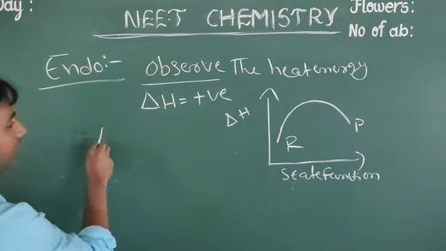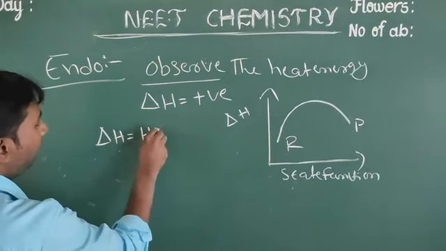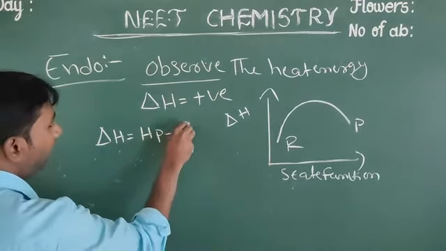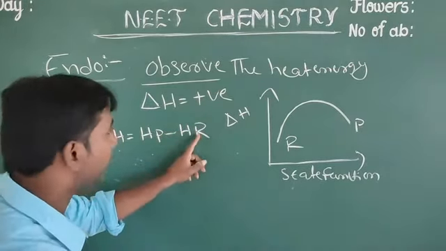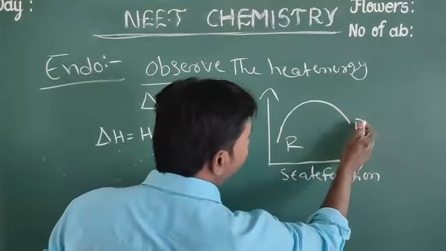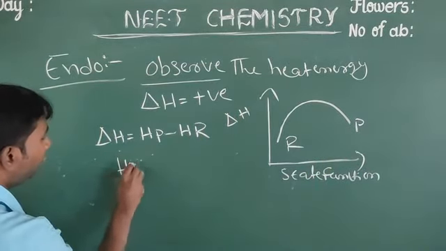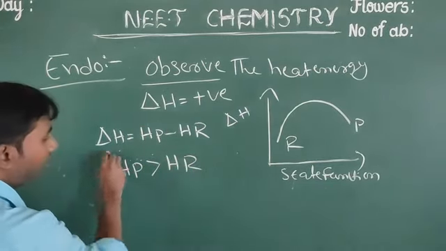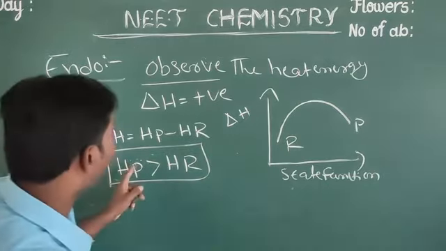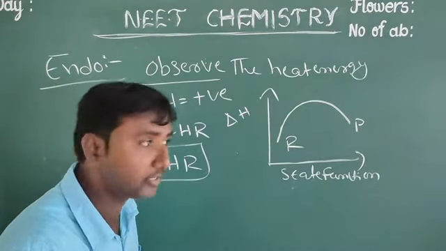That means here enthalpy change equals enthalpy of product minus enthalpy of reactant. That means products are more than reactants. That's why enthalpy of product is more than enthalpy of reactant.